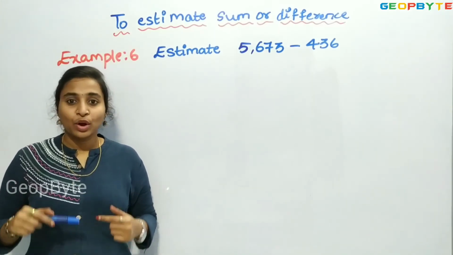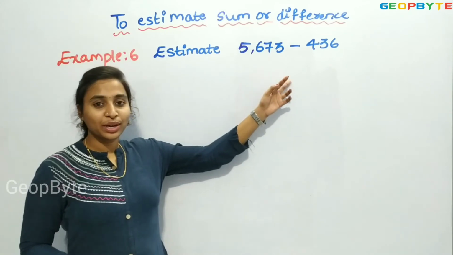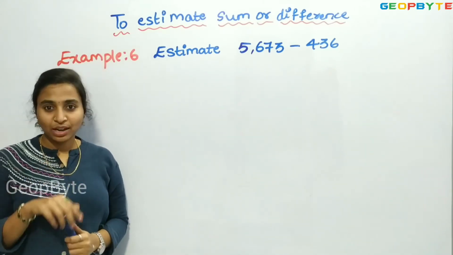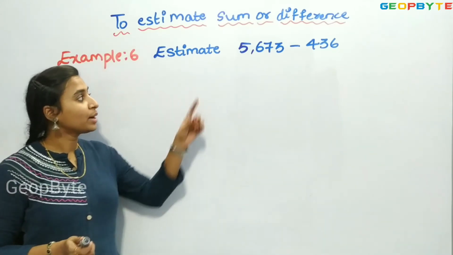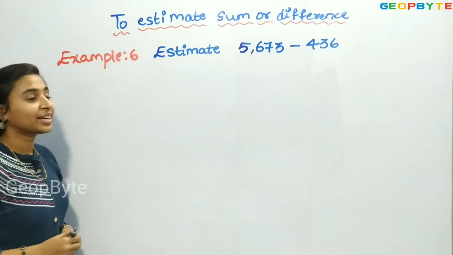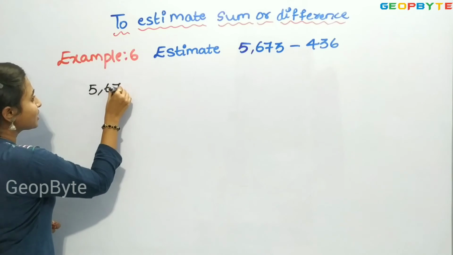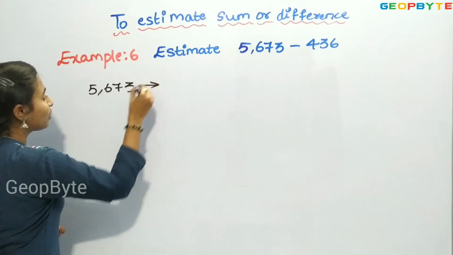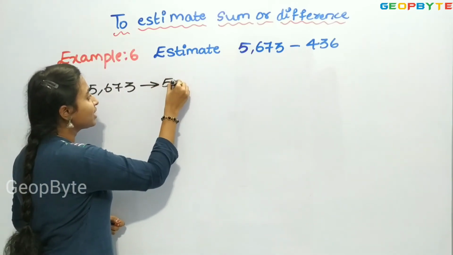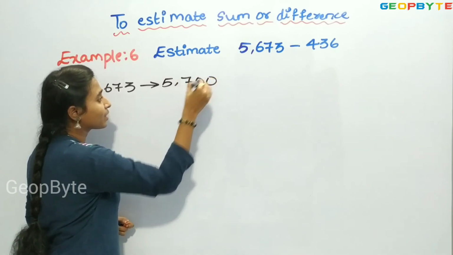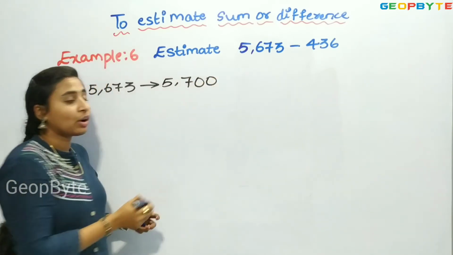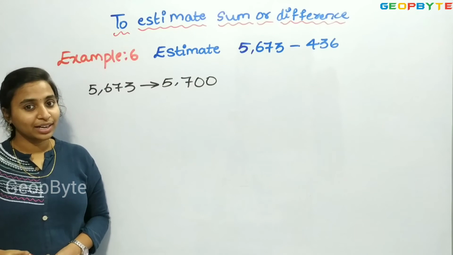See, till now we have rounded off these two numbers to the nearest thousands. Now let us round these two numbers to the nearest hundreds. So 5673 will be rounded off to 5700 as we are rounding off to the nearest hundreds.